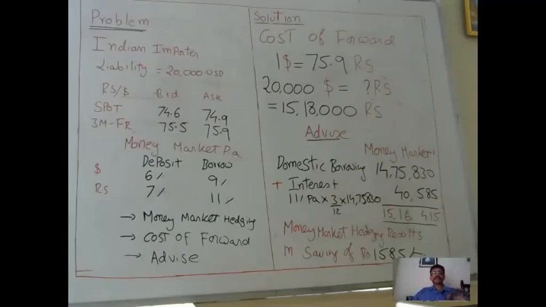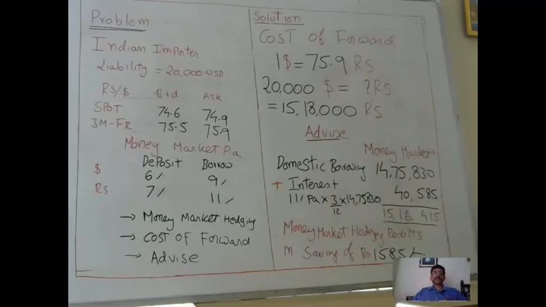Then, if I go for money market hedging, earlier we discussed that domestic borrowing comes to 14,75,830. You have converted your foreign currency liability to a domestic currency liability. So ultimately, the principal value is 14,75,830. This you need to repay along with the interest.